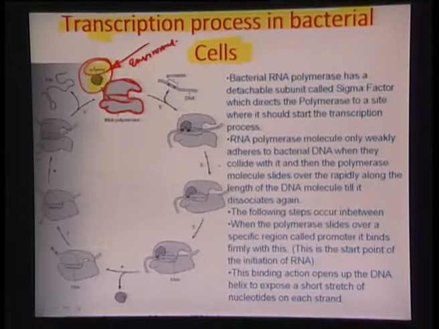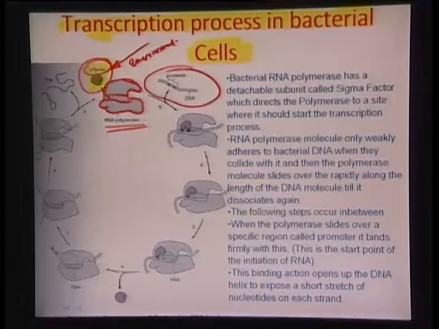Technically this is the name given to this chemical signal. So this chemical signal comes and sits on this RNA polymerase, and the RNA polymerase goes into reading the DNA. This is a DNA molecule here, as you are seeing, and the RNA polymerase goes into reading the DNA through its sigma factor.